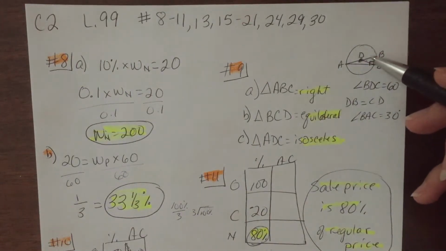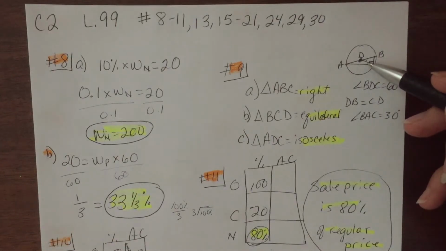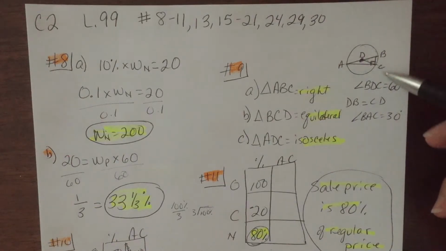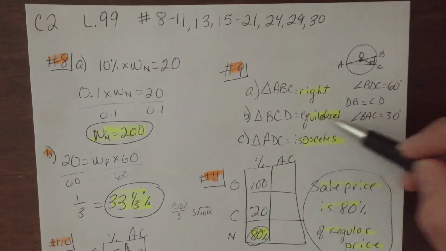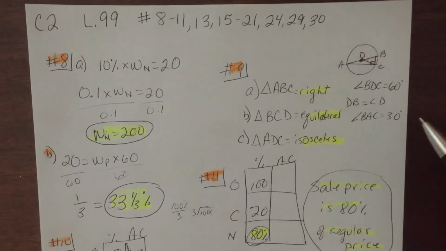And if the sides are equal, that means the angles opposite those sides are equal. And we already know one is 60, so that means the other is 60. 60 and 60 make 120. So there's only 180 degrees in the whole triangle. So that told me that triangle BCD was an equilateral triangle. That's how I answered B.